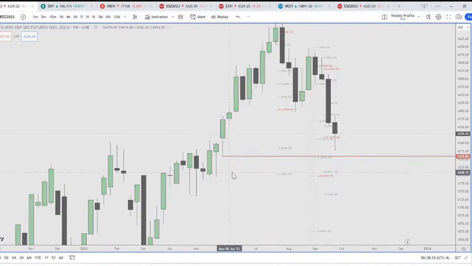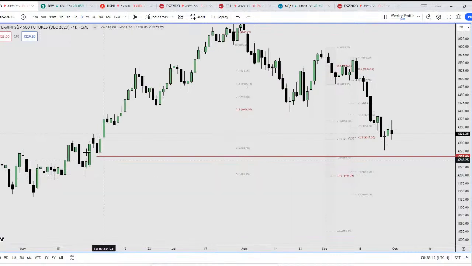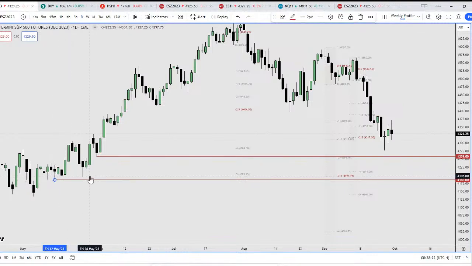So let's not get ahead of ourselves, and this I think would be the low hanging fruit. Okay, I want to see if we can reach inside this area here. We have relative equal lows down here as well, right? So because it's bearish, it could overextend.